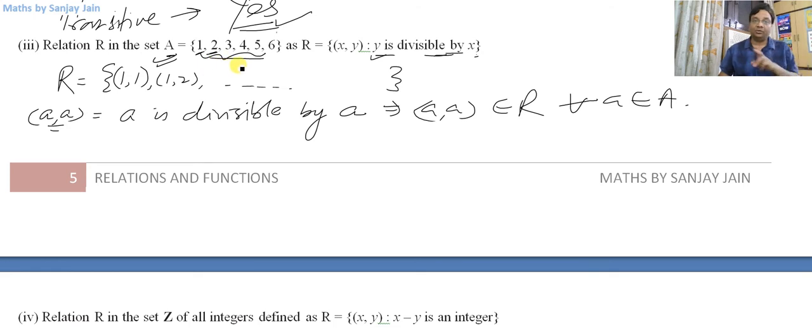So 1 1, 2 2, 3 3, all these doublets are present in this relation, hence this relation is reflexive. What about it being symmetric?